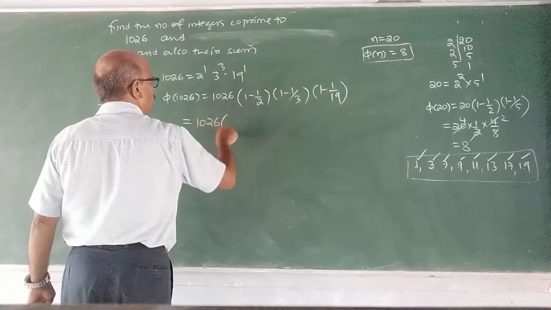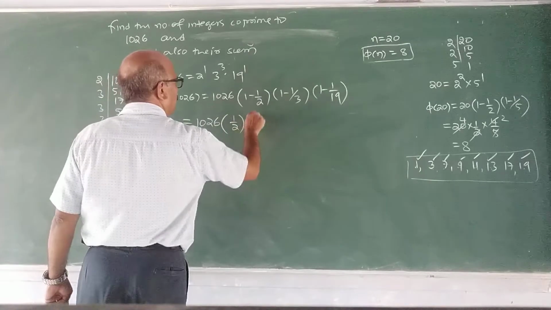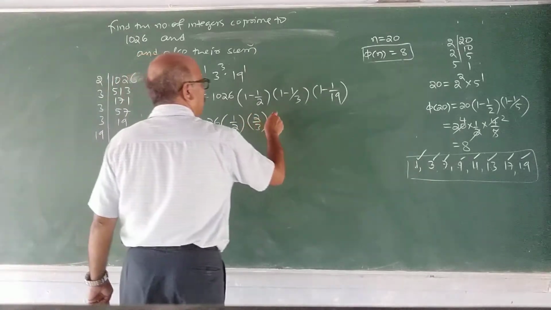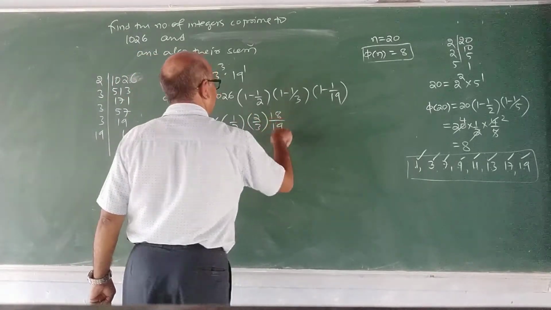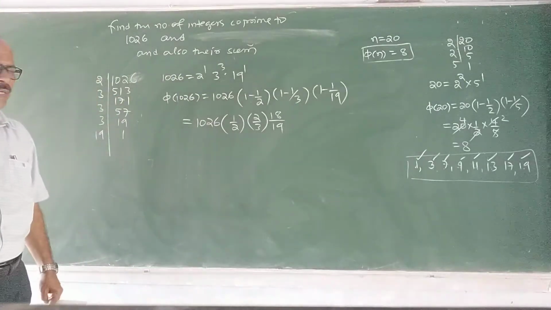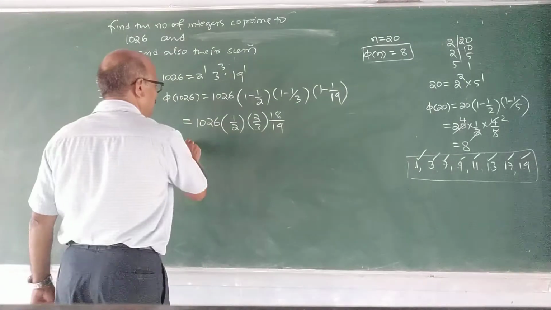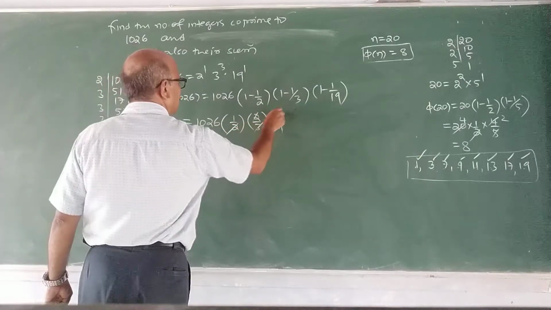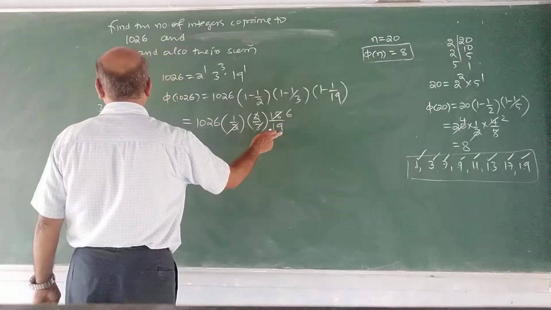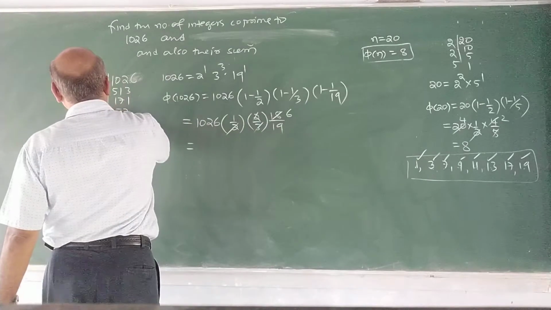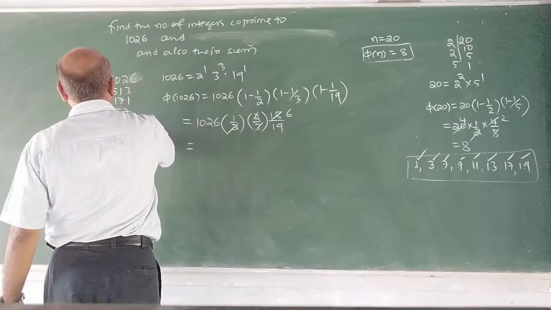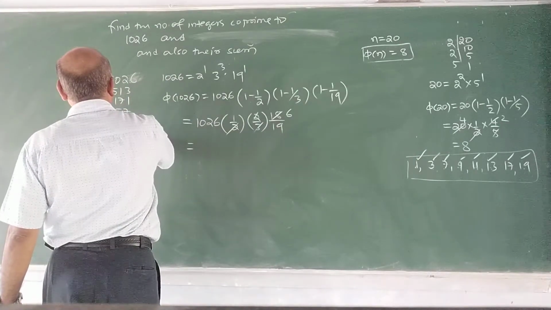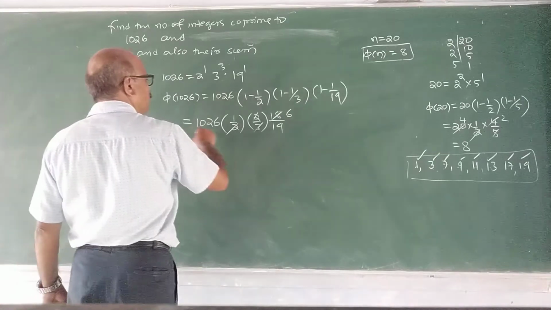So 1026 into 1 by 2, 2 by 3 into 18 by 19. I think calculator is not required. We can easily calculate this. 2 cancels, 3 6, and 19 into 54.